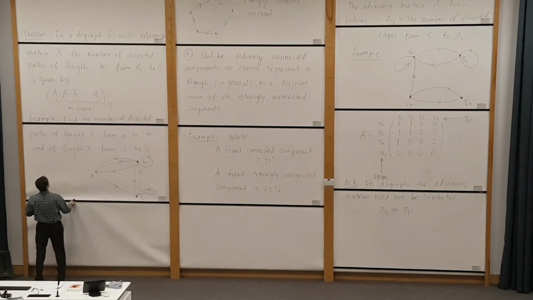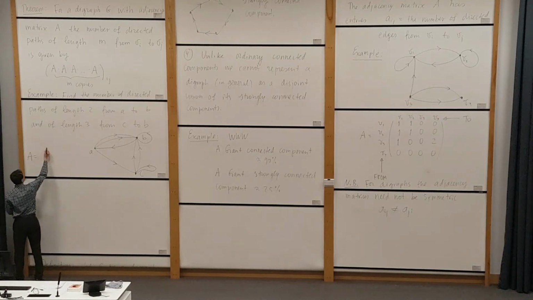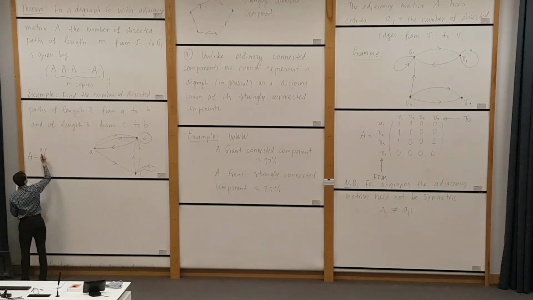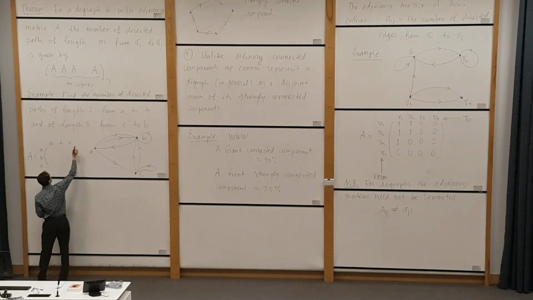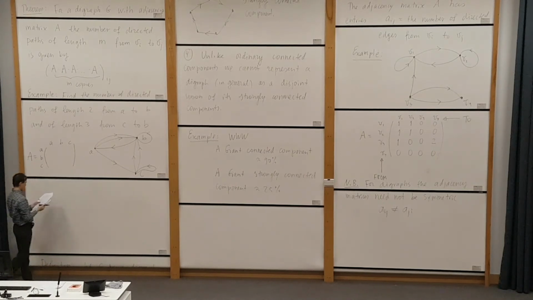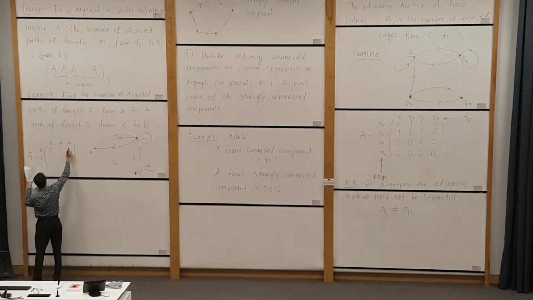So the first thing we need is to construct the adjacency matrix. It will be a 3 by 3 matrix, and I'll use the given labels A, B, and C in alphabetic order. Exactly as I did in the previous example, I read off the entries. In this case, there's 0, 2, 1, 1, 1, 0, and 0, 2, 1.